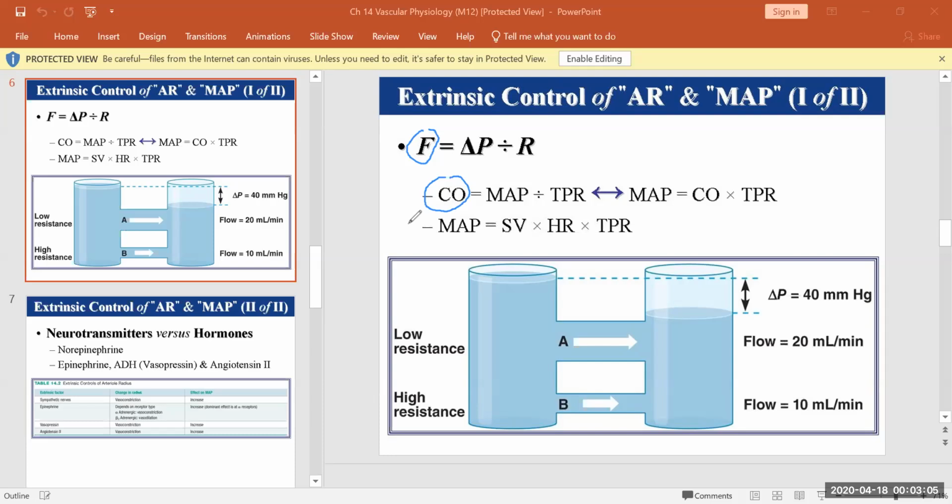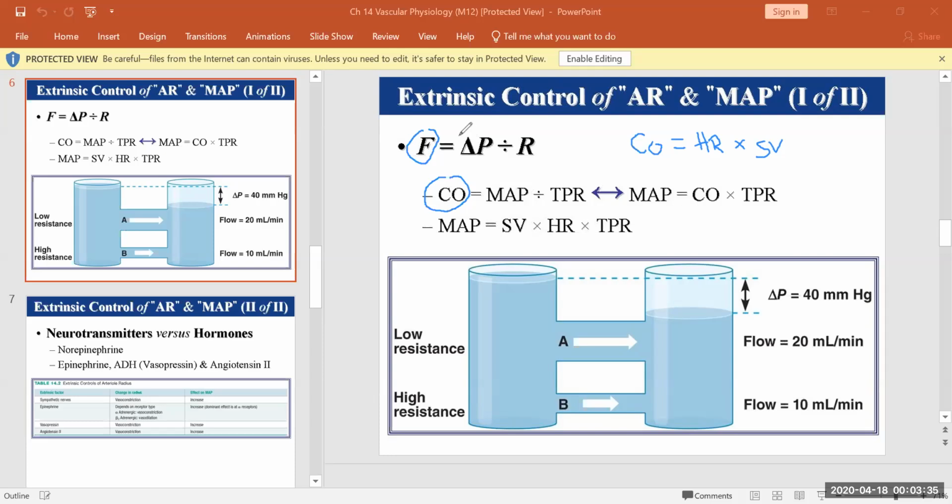We learned in chapter 13, cardiac output. We also learned that CO, cardiac output, depends on two factors: HR, heart rate, times stroke volume. We also learned that from chapter 13.